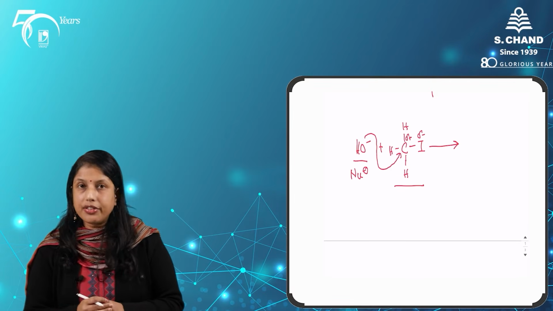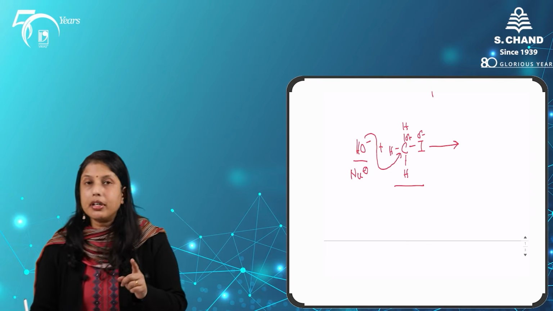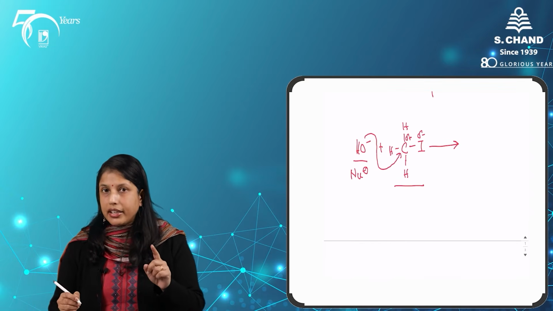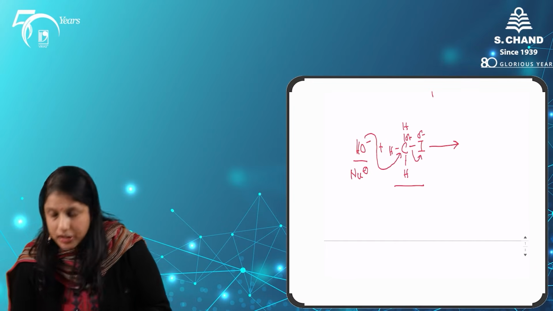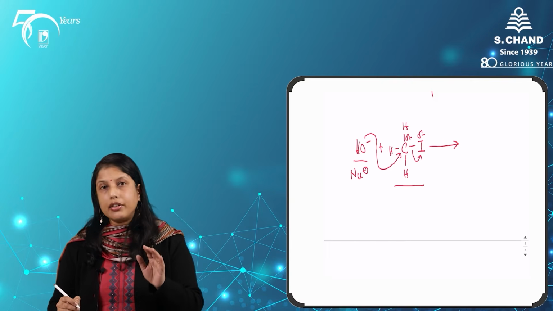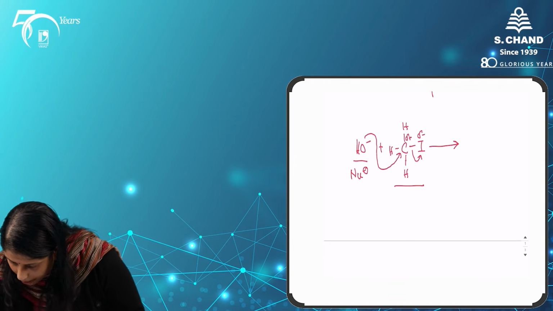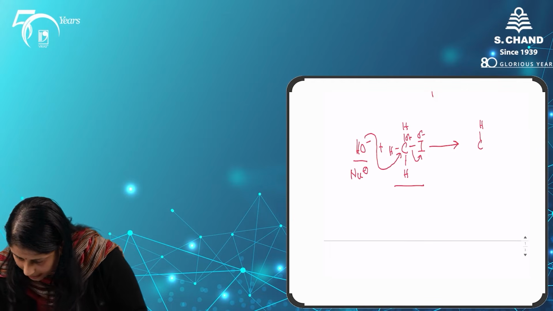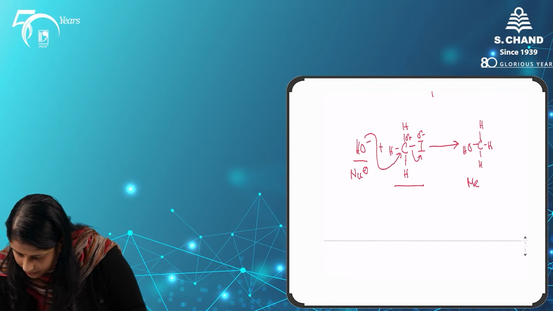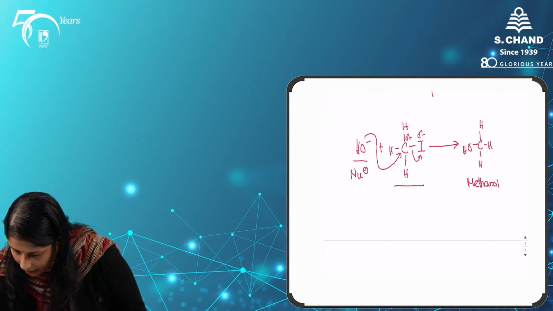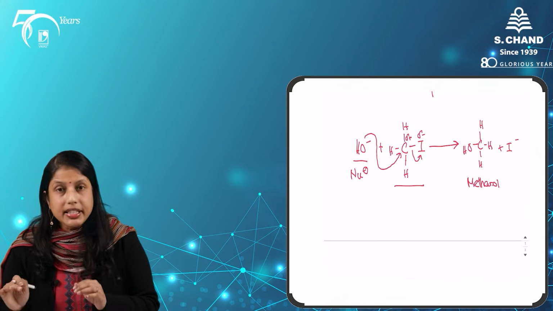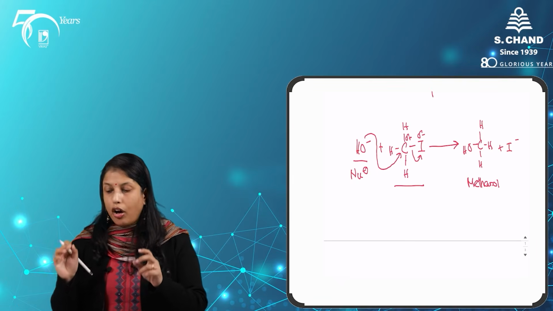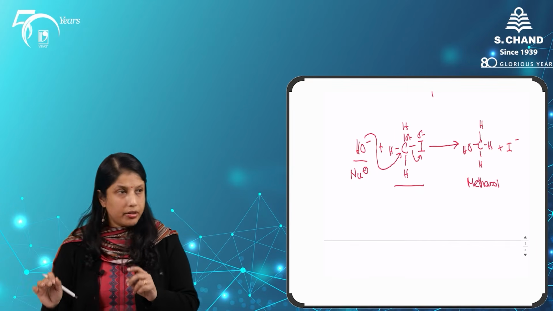It attacks the electrophilic carbon but remember, carbon can only have 8 electrons in its valence shell. So the iodine is going to be lost in the form of an iodide ion. And so our product here is going to be methanol with the loss of I minus. So this, students, is an example of a nucleophilic substitution reaction.